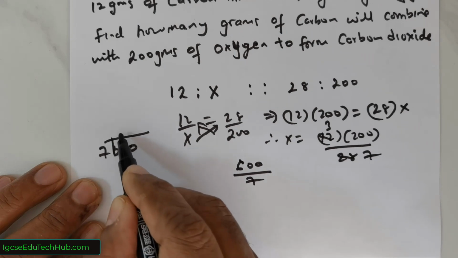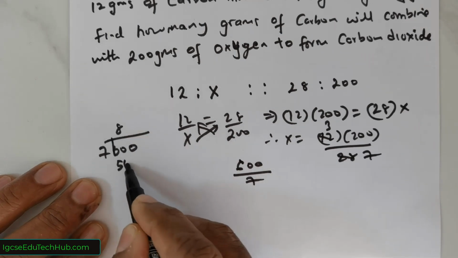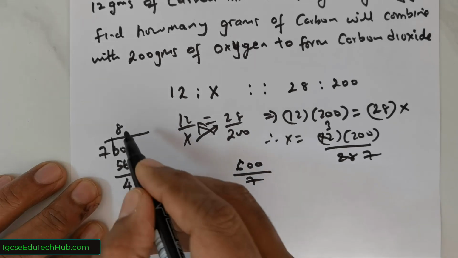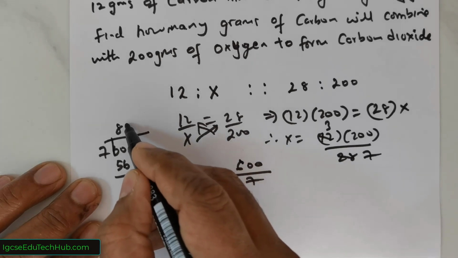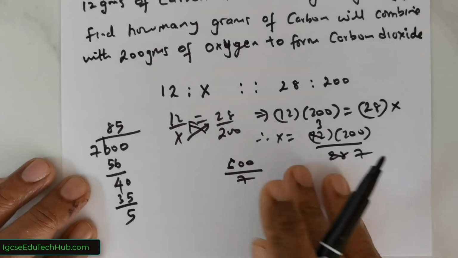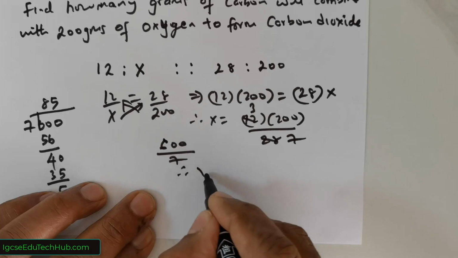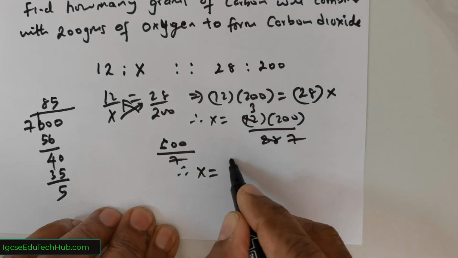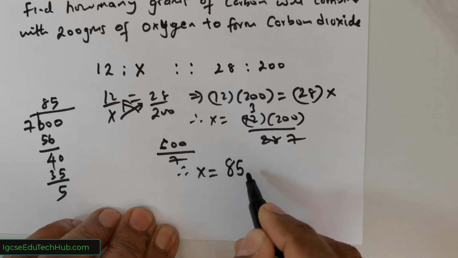7 can divide 60. 7 times 8 is 56. You got a 4 there. You bring the 0 down. 7 6s are 42. So 7 5s are 35. You have a 5 there. So therefore x is equal to, the quotient is 85, the remainder is 5, and the divisor is 7.